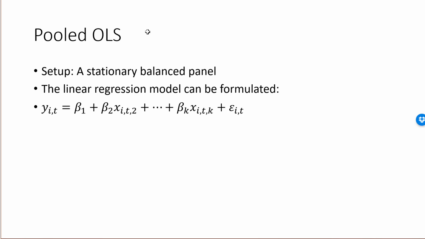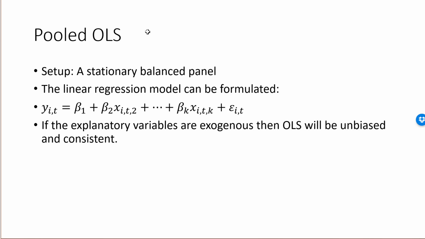There are absolutely no problems doing that, and the same results as we are used to still hold if the explanatory variables are exogenous, that is, if the error term has a conditional expectation of 0 for all farms at all points in time, then the OLS estimator will be unbiased and consistent.